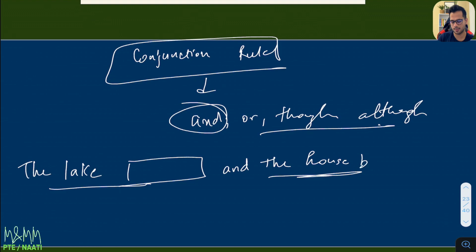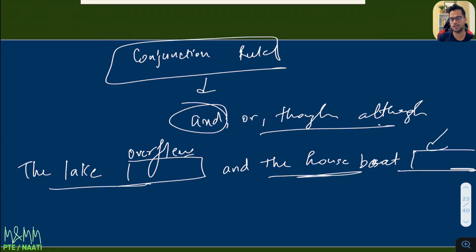I'm just putting an example. The lake overflew and the houseboat dash. So the lake overflew, and, which is my conjunction, the houseboat dash. So something happened to the houseboat.